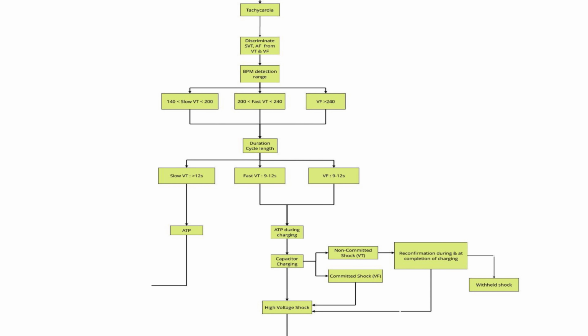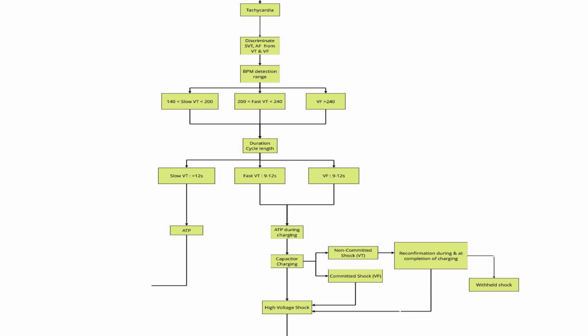In defibrillation mode, the program needs to discriminate supraventricular tachycardia and atrial fibrillation from ventricular tachycardia or VT and ventricular fibrillation or VF. The program will use the BPM detection zone to classify whether the heart rate is slow VT, fast VT, or VF.